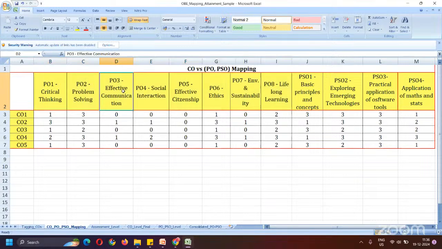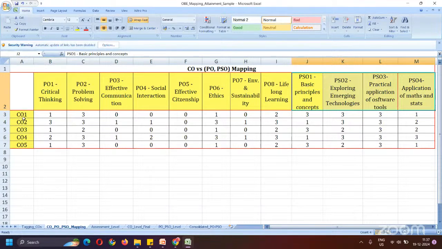They are general outcomes, graduate attributes we are expecting out of a graduating student, such as social interaction skills, ethics, environment and sustainability, and the lifelong learning ability of the graduates. So these 8 I call POs, and I have set 4 domain specific outcomes, which I call PSO1, PSO2, PSO3, and PSO4.